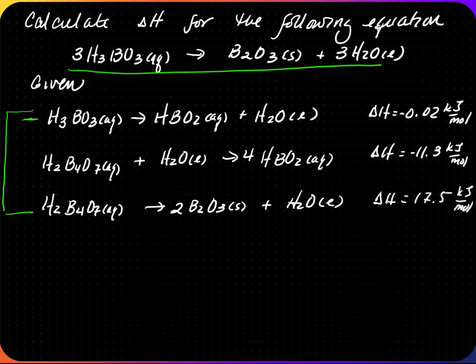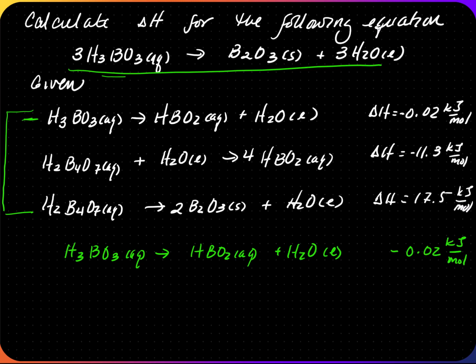Step 1, which is H3BO3. If I look at my original equation, the H3BO3 is on the left side, so I leave it as is and rewrite it as is. Since I made no changes to my equation, my delta H is also going to remain the same.